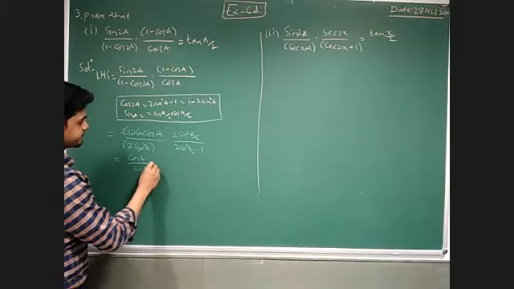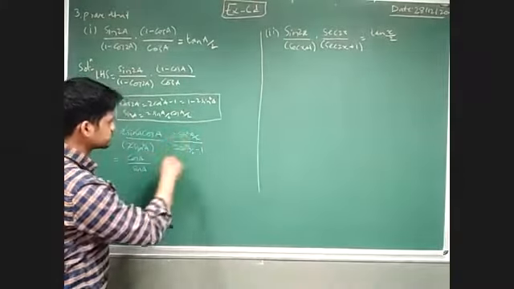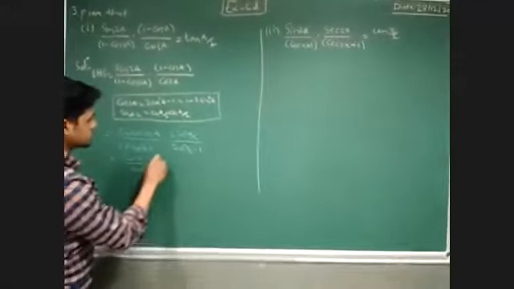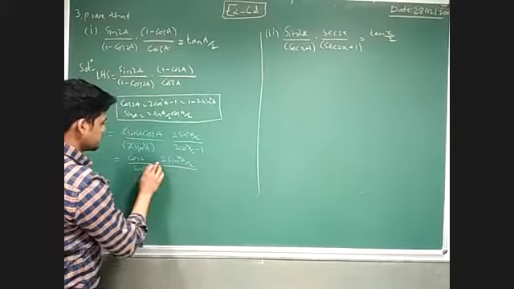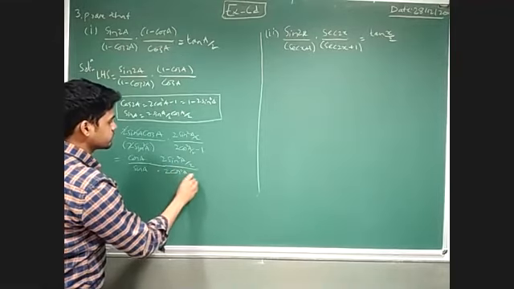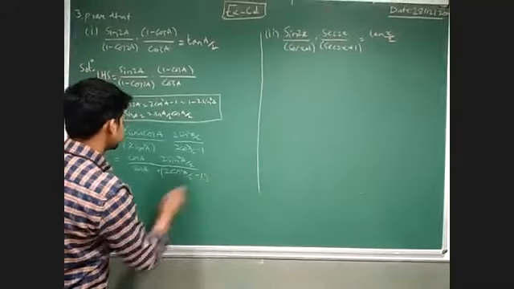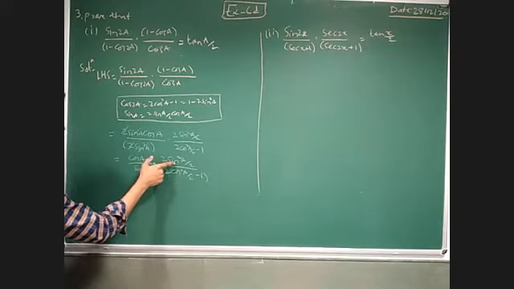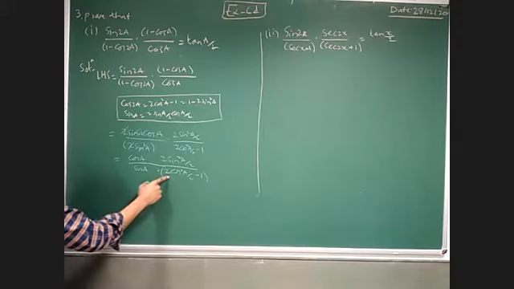sin A into here 2 sin square A by 2, 2 cos square. So here I have 2 sin square A by 2 and just multiply 2 cos square A by 2 minus 1. Now here we have 2 sin square A by 2 cos A, and here we have sin A into 2 cos square A by 2.